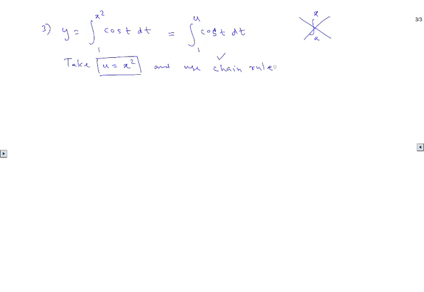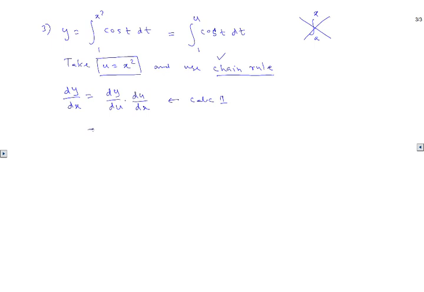So we can use the chain rule. What we need is dy by dx. That's what we are looking for. From the chain rule you can write this as dy by du times du by dx. That's what you learn in Calc 1. Okay, chain rule.